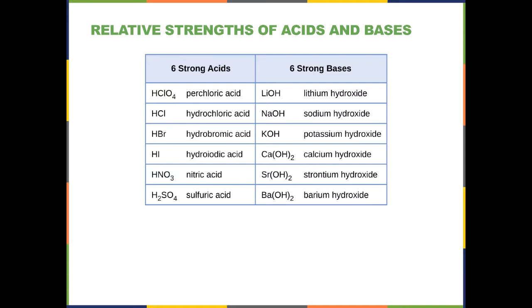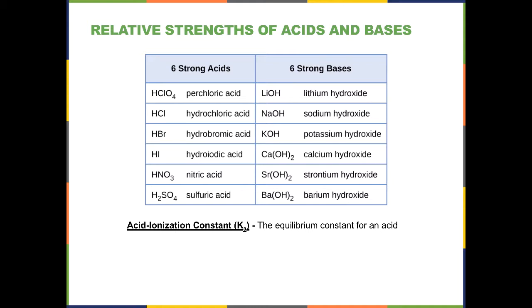And this introduces the ideas of strong versus weak acids and bases. The table here shows 5 or 6 strong acids and 6 strong bases. Well, a strong acid or a strong base is determined by what the acid-base ionization constant is.